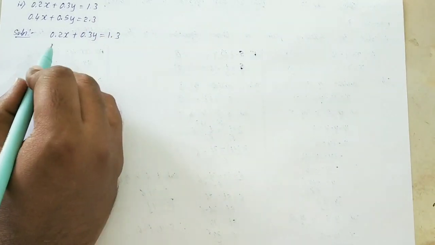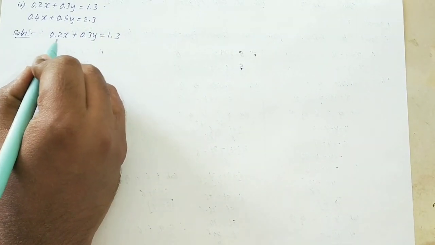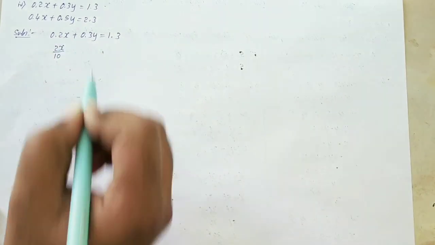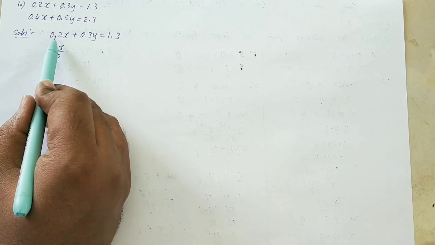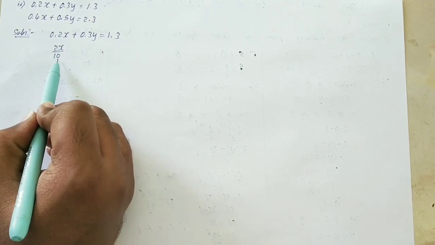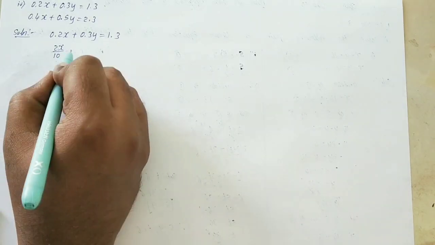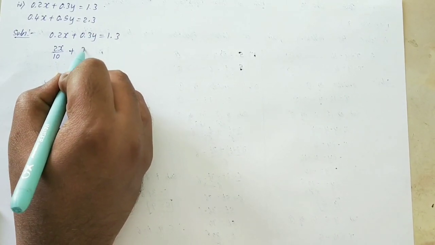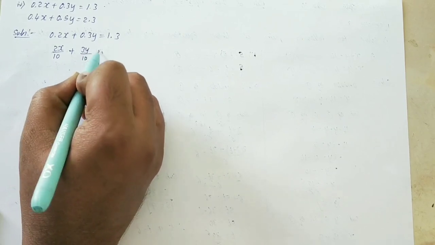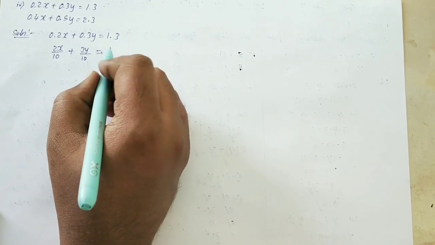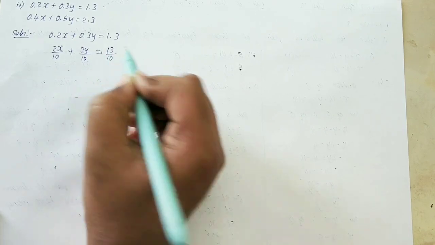Next, can I write 0.2x as 2x by 10? Since I am shifting the decimal by one digit, the denominator becomes 10, right? Like that, this will become 3y by 10, and in the same way it will become 13 by 10, correct?